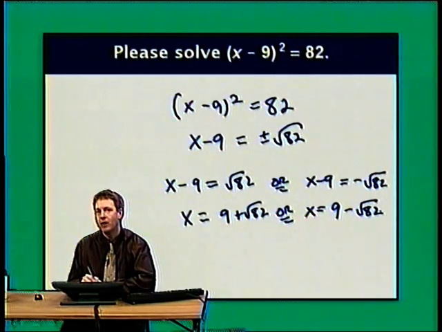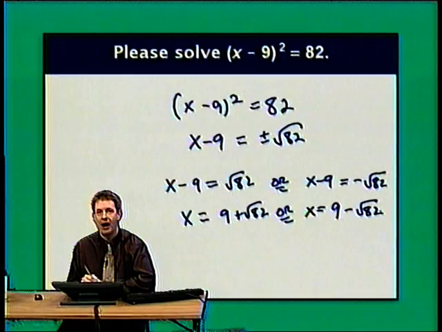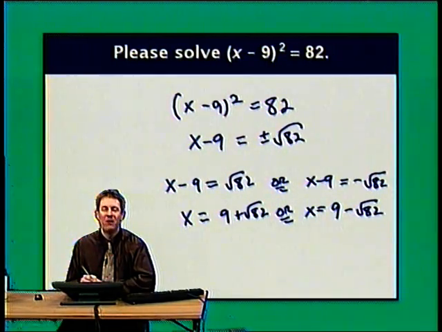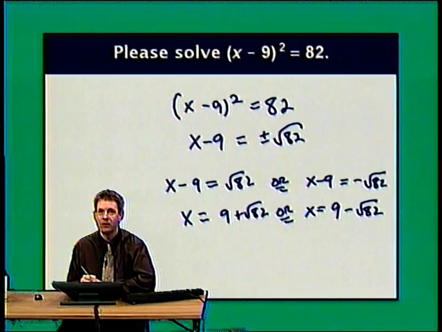Now, you might be wondering, why did I choose to write the 9 first? Usually, when we're writing down expressions that have both a square root and an integer, we write the integer first so that there's complete lack of ambiguity about what is underneath the square root and what is not underneath the square root.